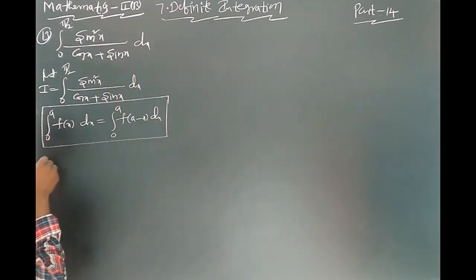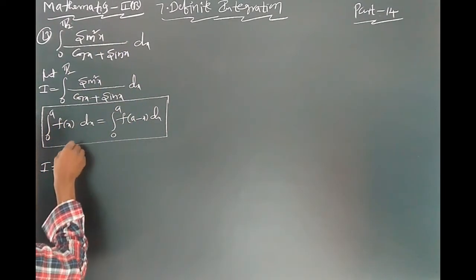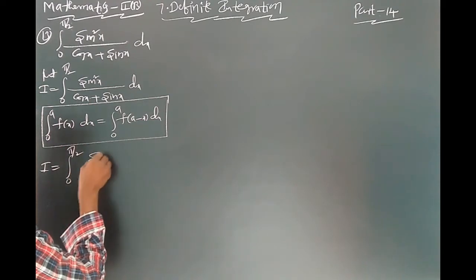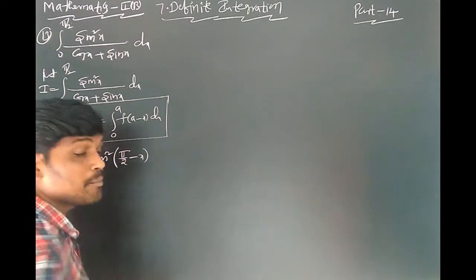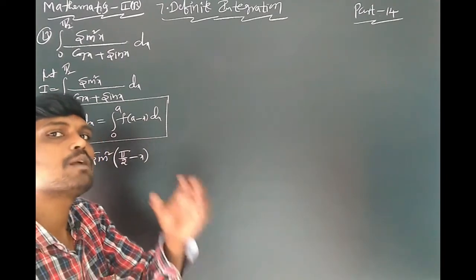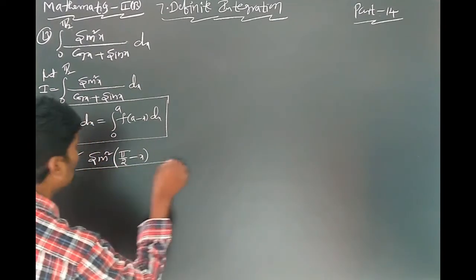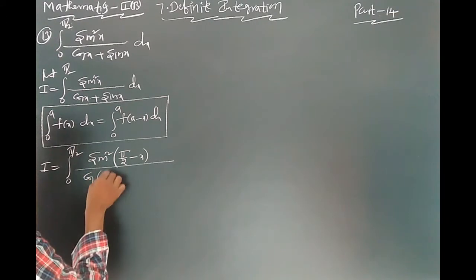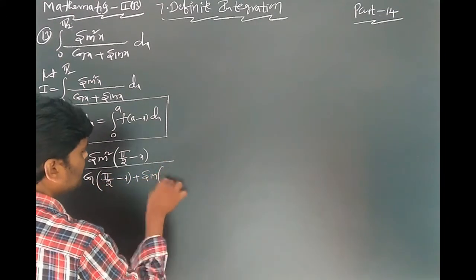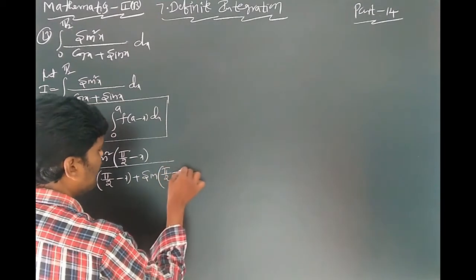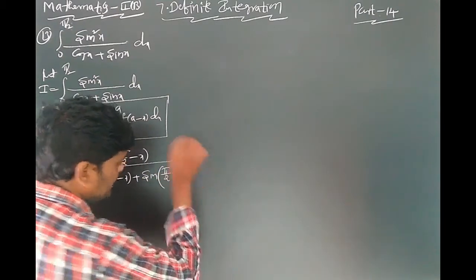That's why I is equal to integral 0 to pi by 2 of sin square of, in place of x, pi by 2 minus x, over cos of pi by 2 minus x plus sin of pi by 2 minus x, dx.